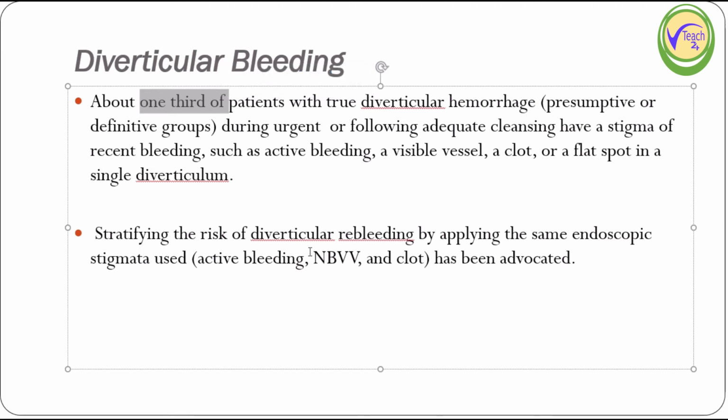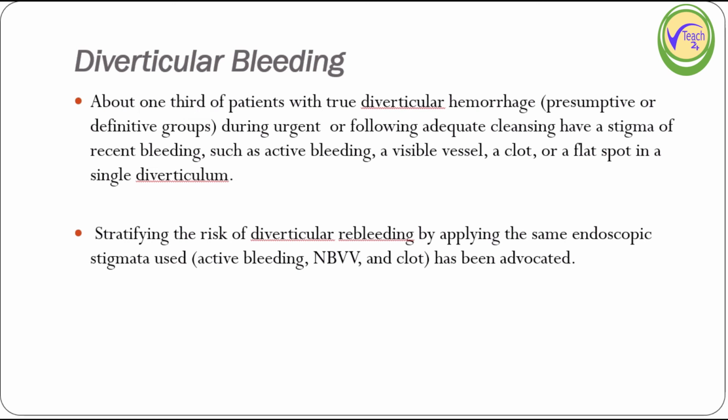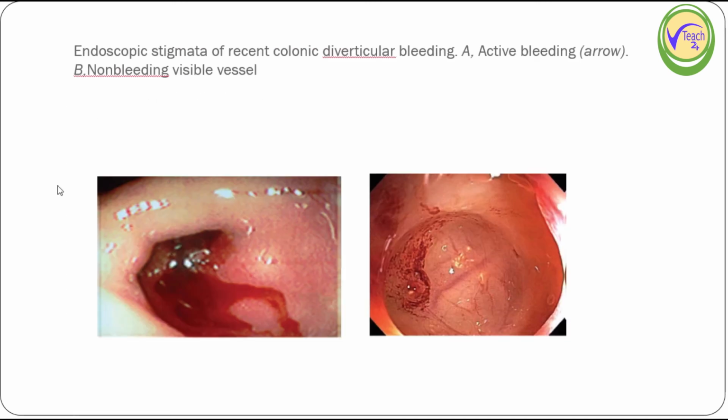Stratifying the risk of diverticular rebleeding by applying the same endoscopic stigmata, that is active bleeding, non-bleeding visible vessel or clot, has been advocated. See here, this is a diverticulum with active bleeding, and here a diverticulum with a non-bleeding visible vessel.